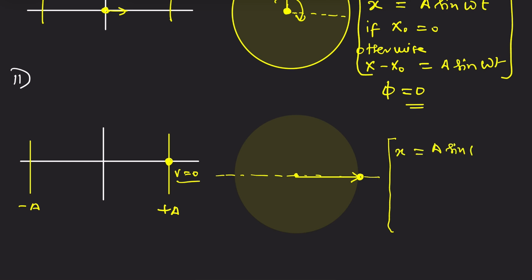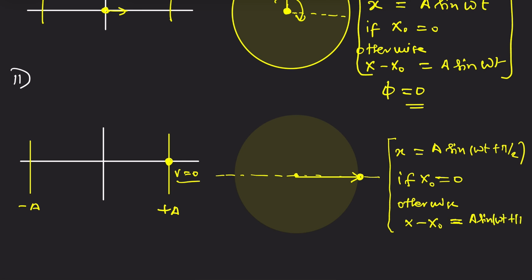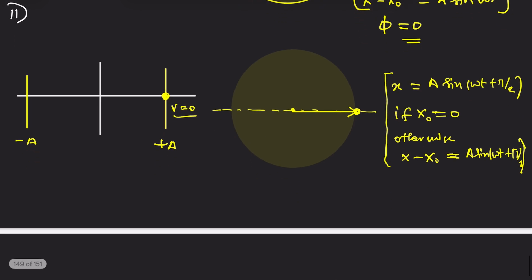In this case we will write x is equal to a sine omega t plus pi by 2, if x naught is equal to 0, otherwise x minus x naught is equal to a sine omega t plus pi by 2, and phi will be pi by 2.